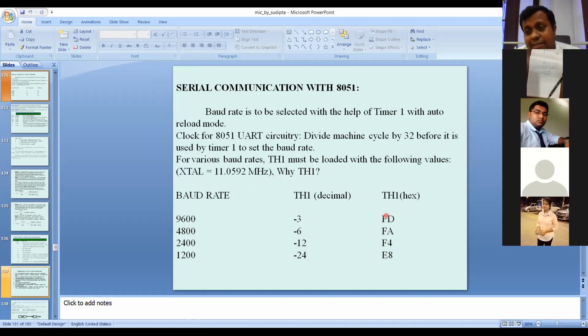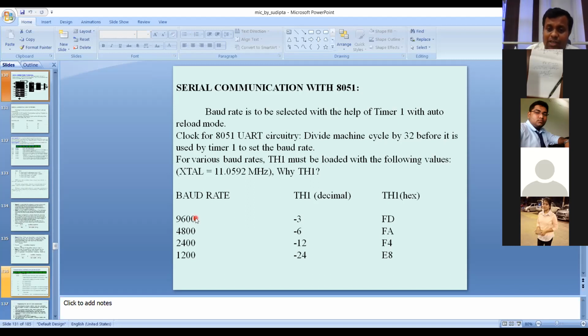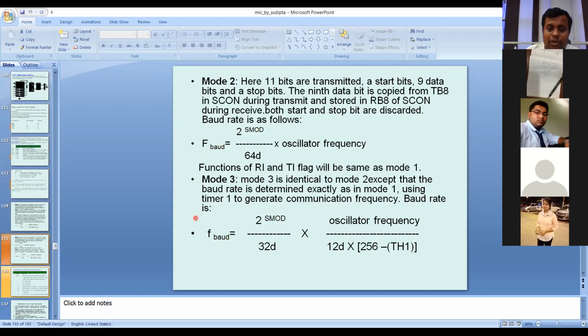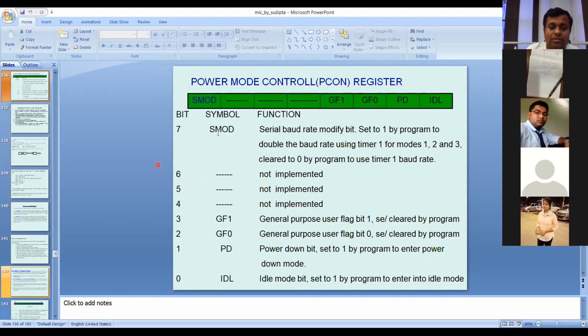So I get the 9600 baud rate in either mode 1 or mode 3. But if I set the SMOD bit, then the baud rate will be 9600 into 2. So this is the function of the SMOD bit, right?